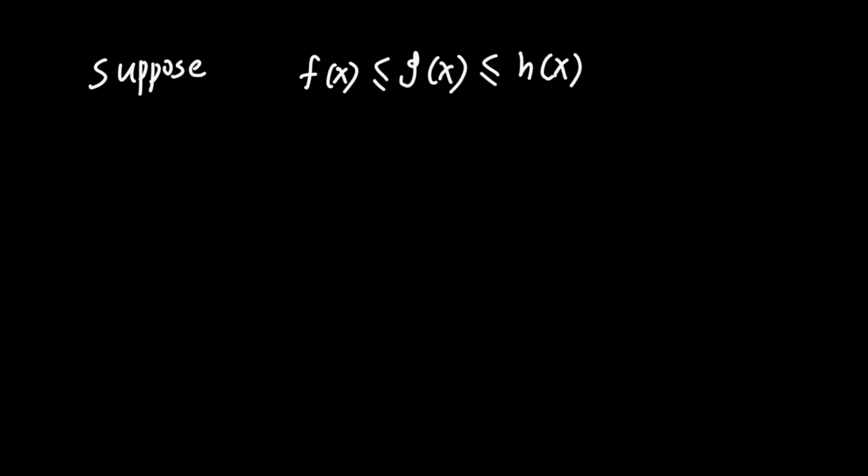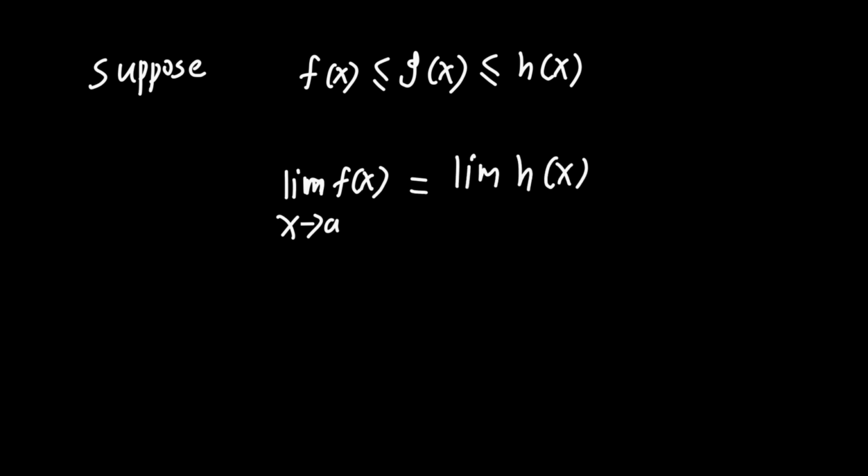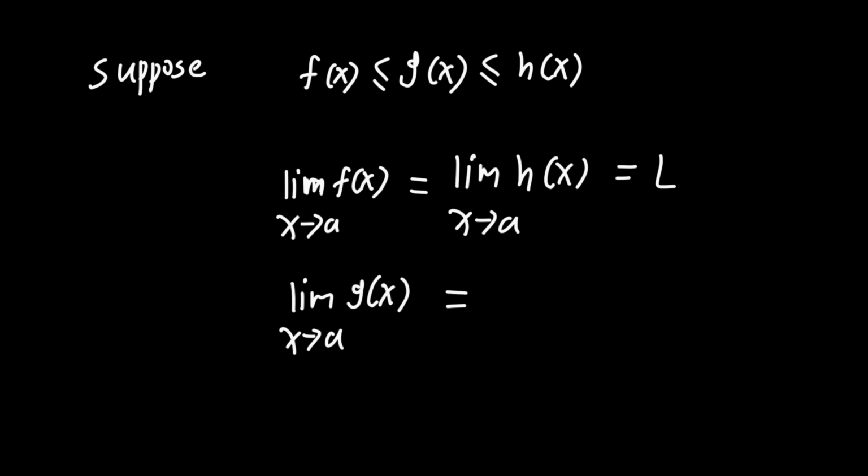Then, if we can prove that the limits of these two functions are equal, so the limit of f of x as x approaches a, and this a is any number, equals the limit of h of x as x approaches a, equals a certain value, then we may conclude that the function in the middle, the limit of g of x, equals L. And this L is the value that we want to figure out.